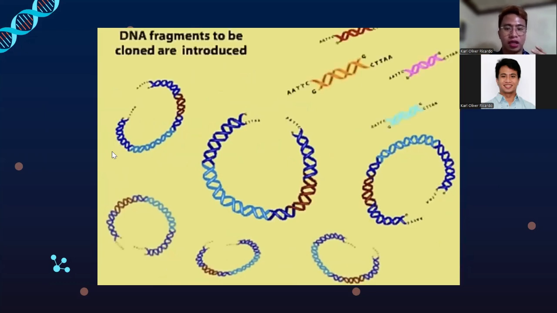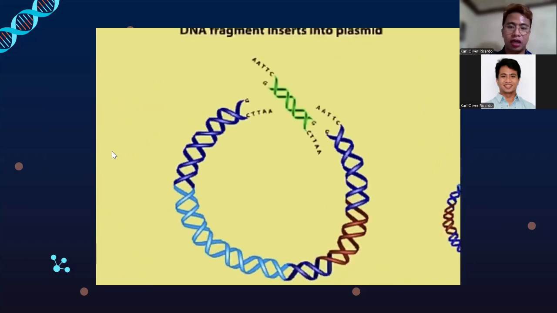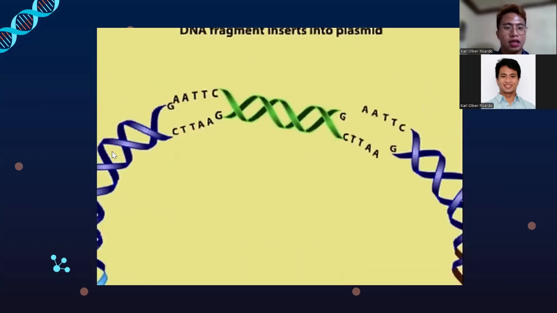Okay, so by a foreign DNA containing the sequence. So in here po, we want to clone a specific or a digested EcoR1 and then mix with the cleaved vector. And then, yung sticky ends na po natin of the foreign and the plasmid DNA molecules are now hybridized, and it is sealed by phosphodiester linkages.